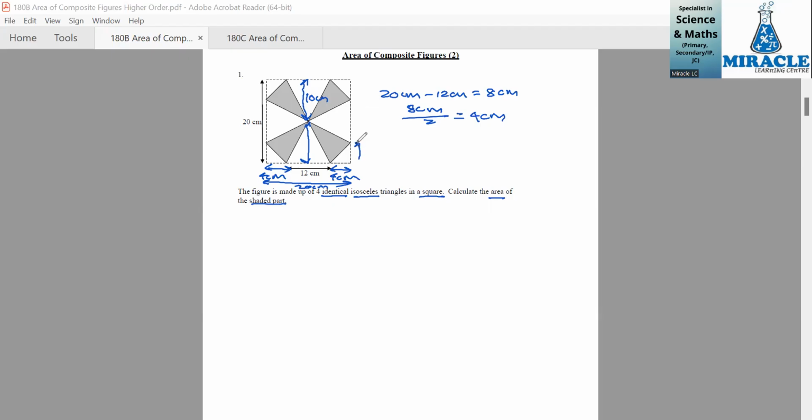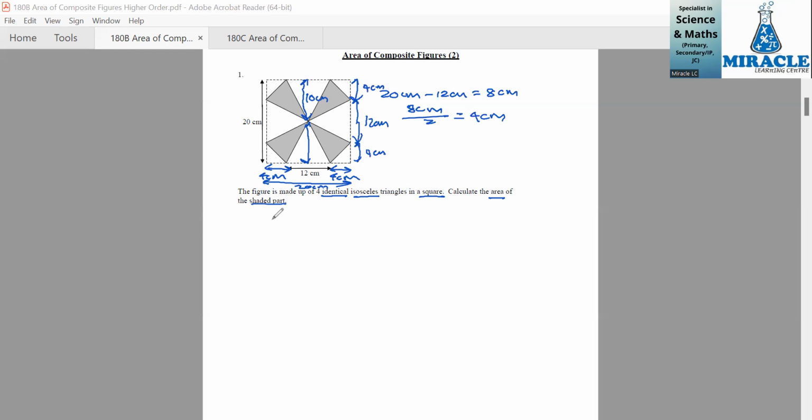So over here, we know that this will also be 4 cm, and this would be 12 cm. And this would also be 4 cm. Okay, so now we can start solving the question.